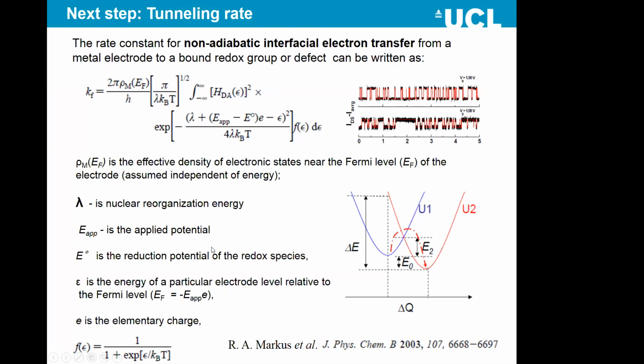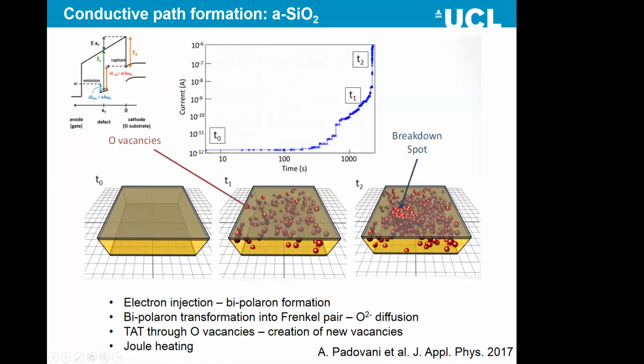And then we collaborate with a group in Italy, where we have some code which we helped to develop, called Ginestra, which allows us to put all these rates together and calculate in real time what may happen inside the device using a kinetic Monte Carlo type of engine.